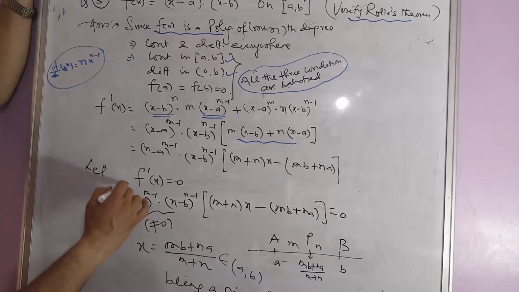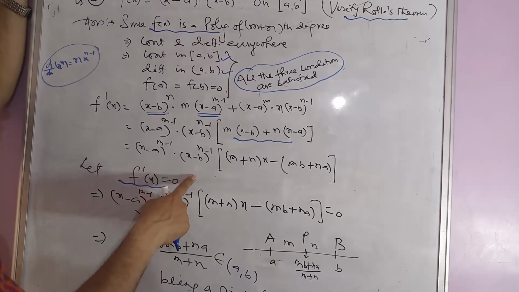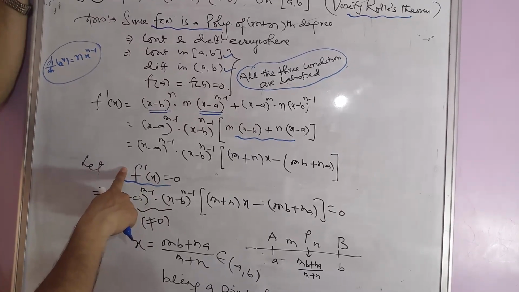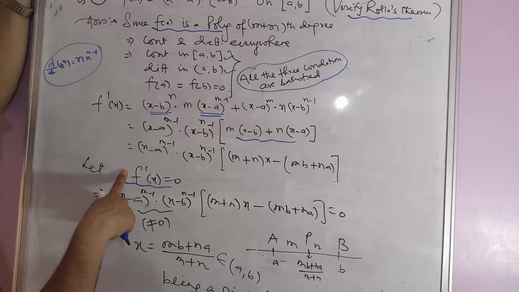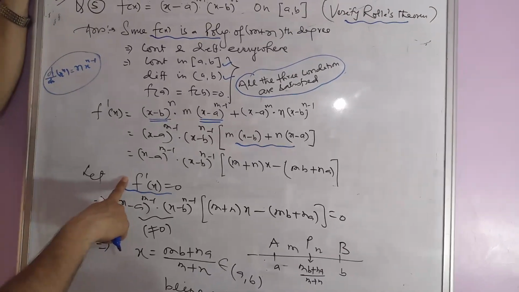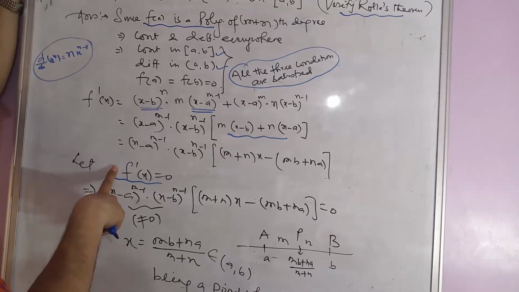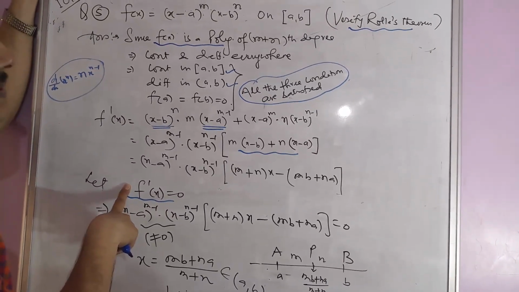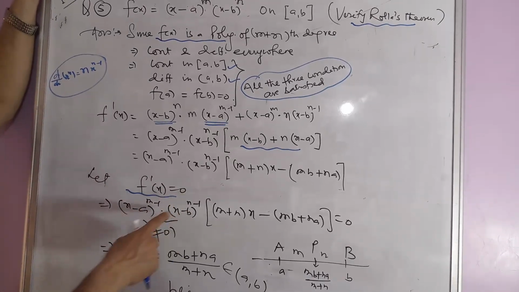Let f dash x equal to 0, and after solving this equation, if at least one value of x is a part of open interval ab, then Rolle's theorem will be verified. So f dash x equal to 0.